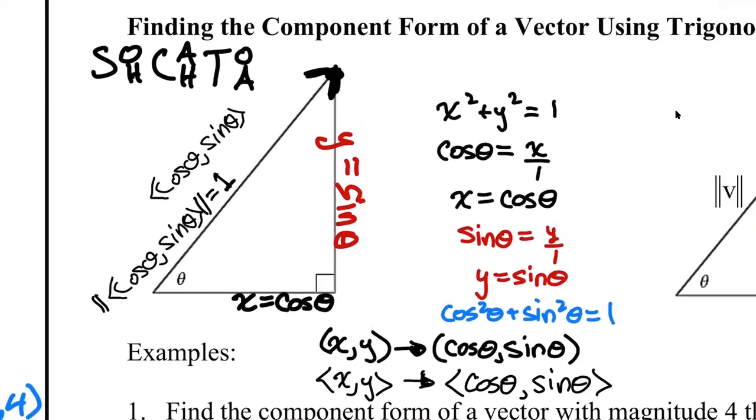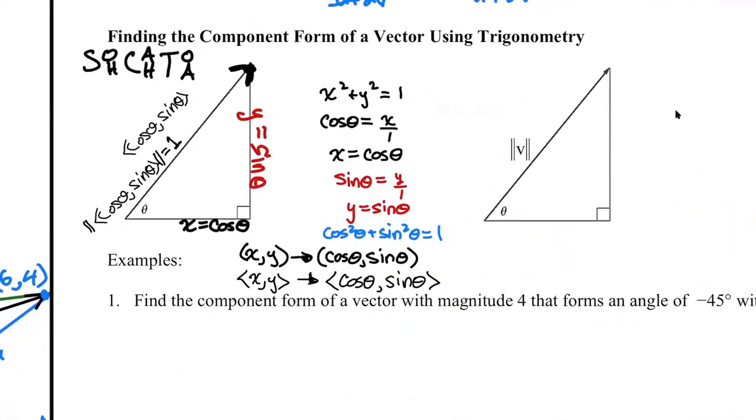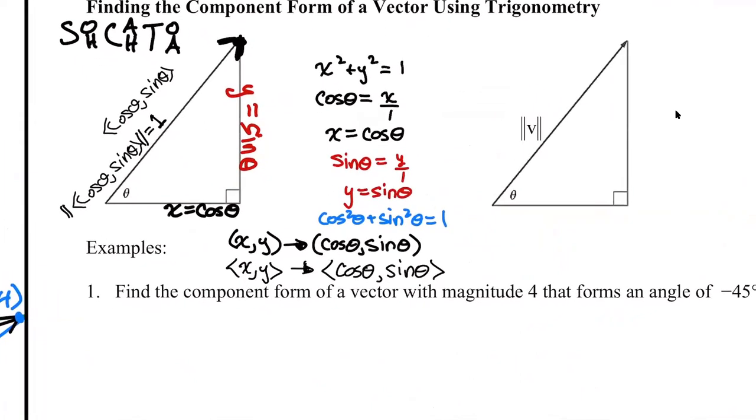In short, what this is telling us is that the unit circle is actually a set of unit vectors in 2 dimensions, so in R2 specifically.